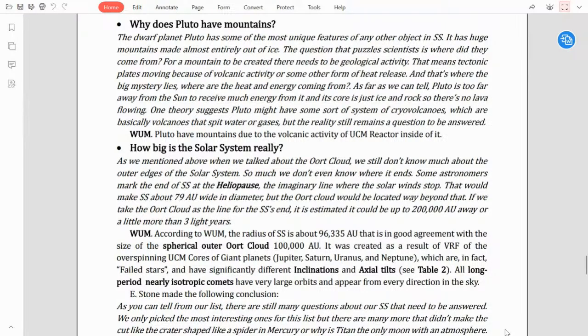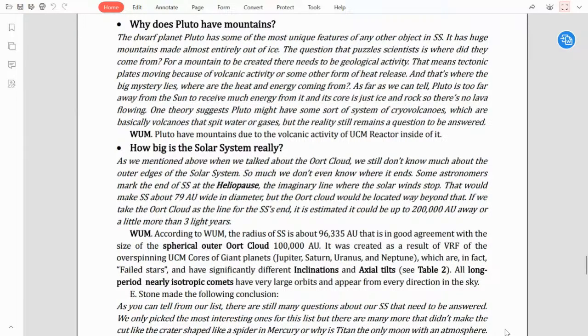Where are the heat and energy coming from? As far as we can tell, Pluto is too far away from the Sun to receive much energy from it, and its core is just ice and rocks, so there is no lava flowing.